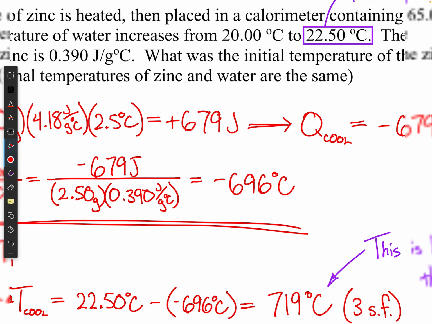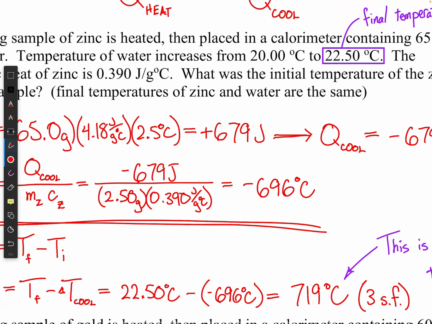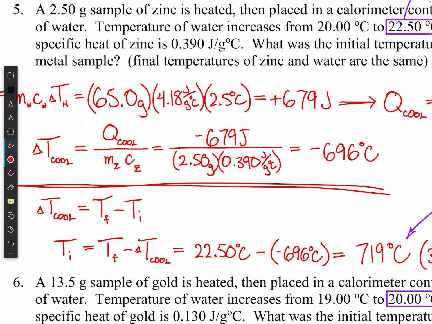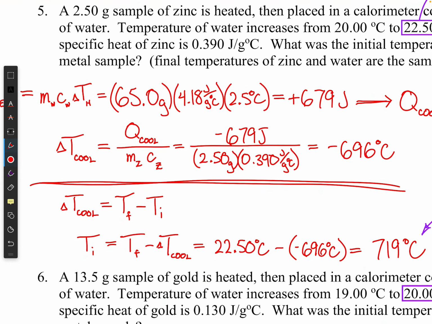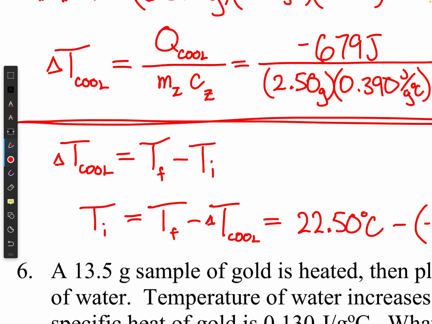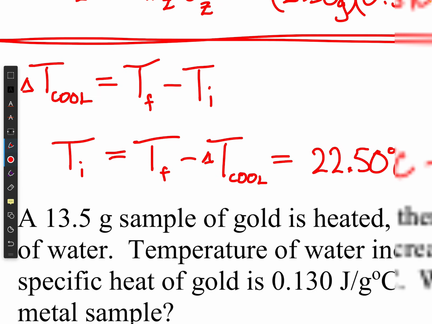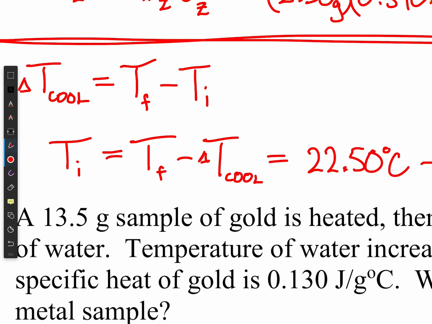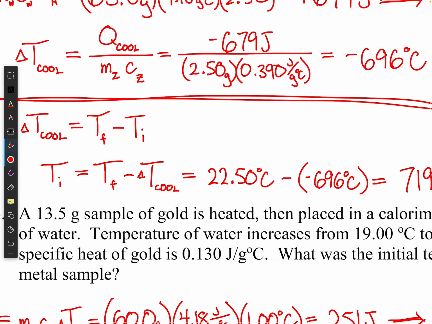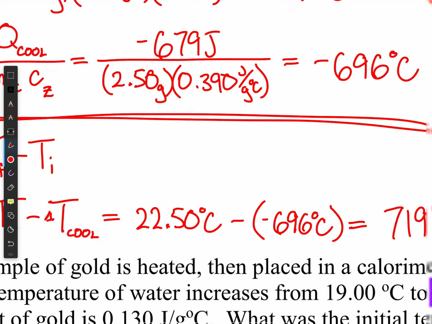We will then find that we have a change in temperature of negative 696 degrees Celsius. So to find our initial temperature for cooling, we simply need to rearrange this equation such that our initial temperature is equal to our final temperature minus our change in temperature, which you will recall is negative.